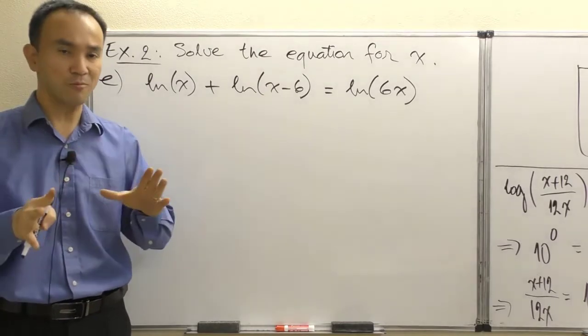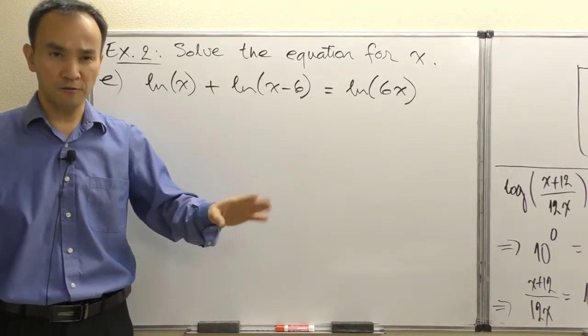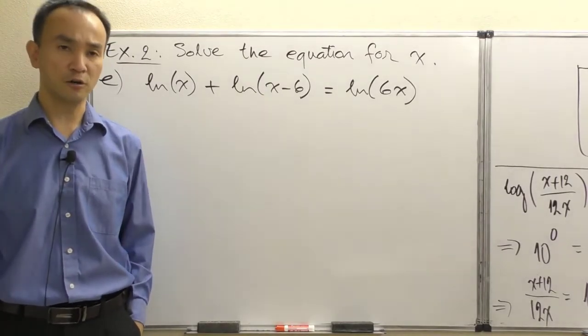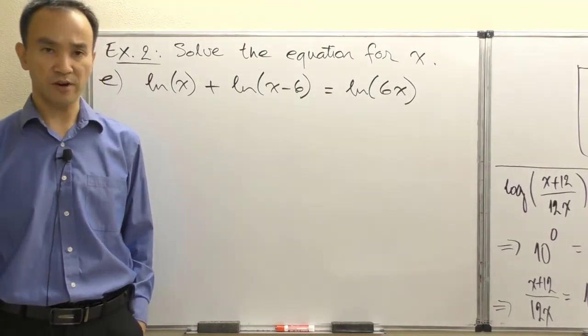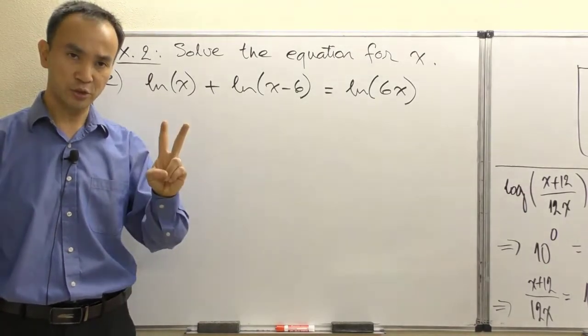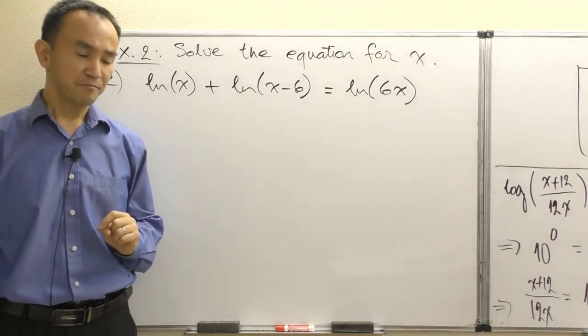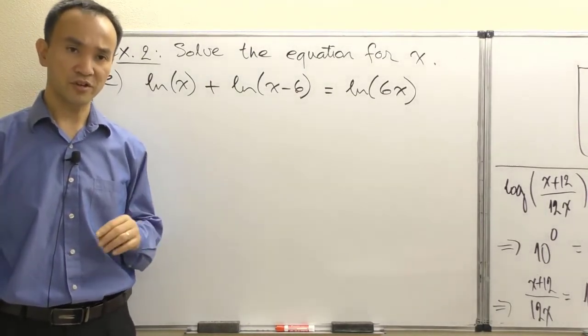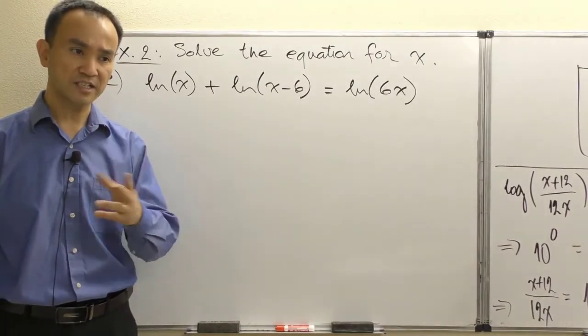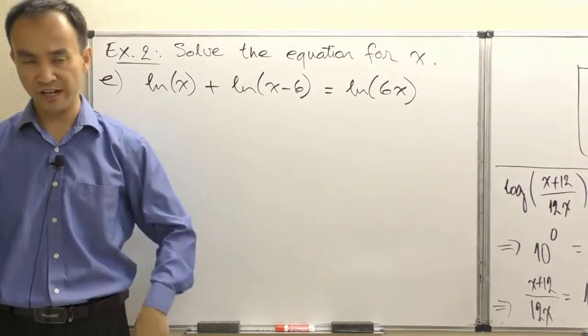It's just another problem where log terms are all over the equation, left-hand side and right-hand side. My left-hand side has two terms, my right-hand side has one term. So let's handle this equation and find the x value that satisfies left side equal to right-hand side.